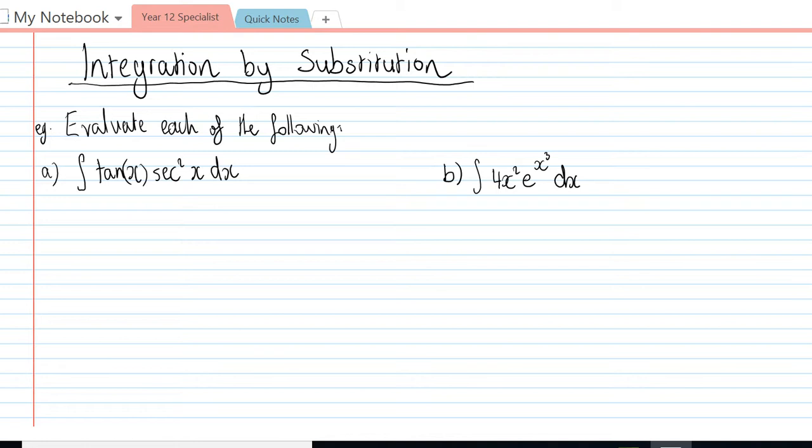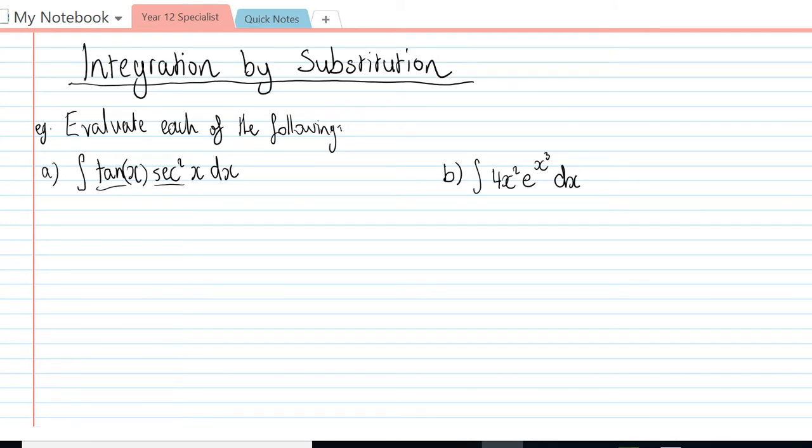Now, if we have a look at the very first question that I have written here, the integral of tan x times sec squared x, the thing we have to notice is that we have a function being multiplied by its derivative. That's one of the situations where we can use this process.